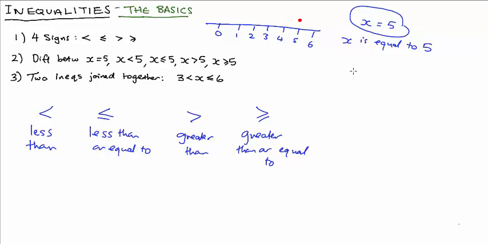So now let's look at the next one. If I do that, what this is literally saying is x is less than 5. Don't think about this stuff too mathsy. It's just saying that this number is less than 5.